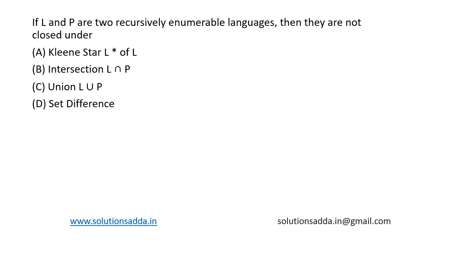This is a question from theory of computation. If L and P are two recursively enumerable languages, then they are not closed under, and four options are given. The important point to note here is that recursively enumerable languages, REL, are not closed under complement.